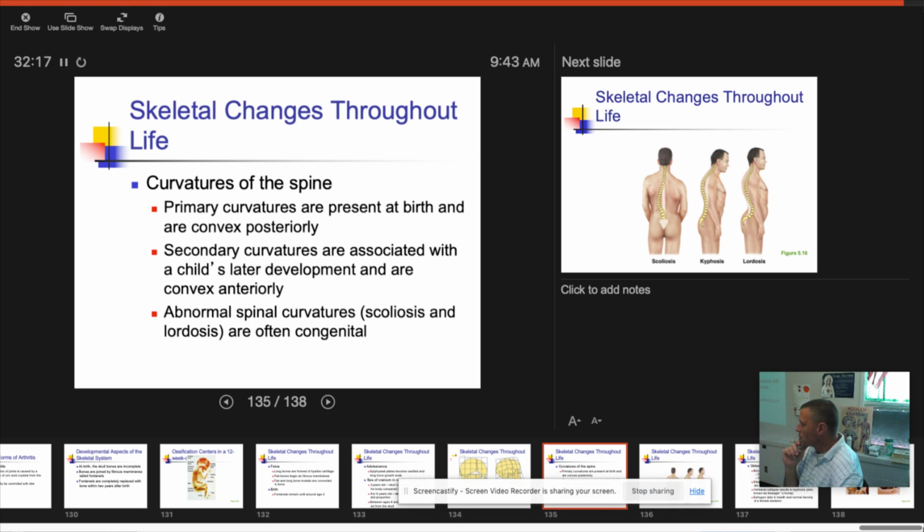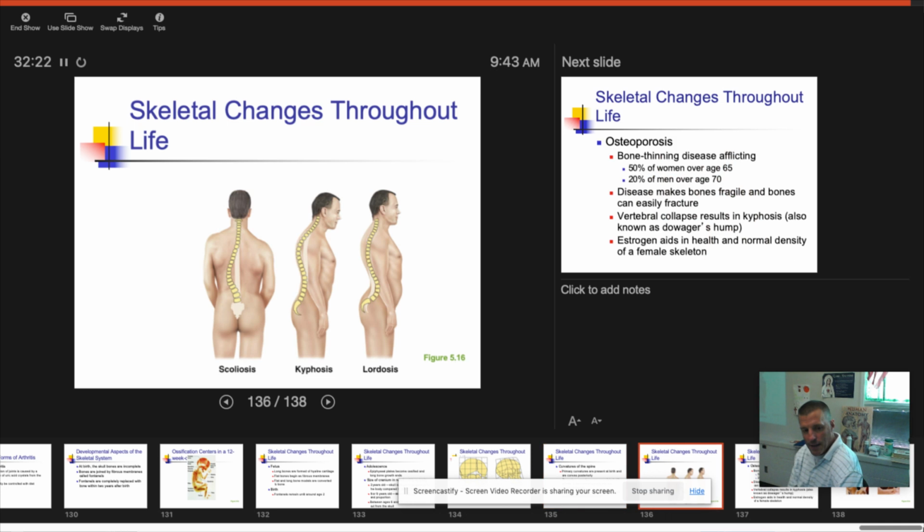Elena, that's scoliosis. Scoliosis is a side to side curve of the spine. Kyphosis is the exaggerated outward curve of the thoracic vertebrae. And lordosis is the exaggerated inward curve of the lumbar vertebrae.